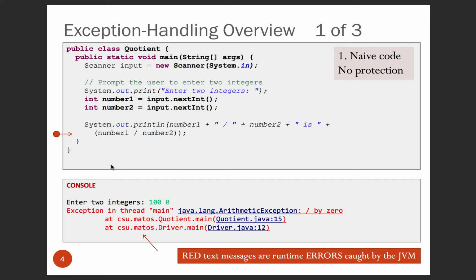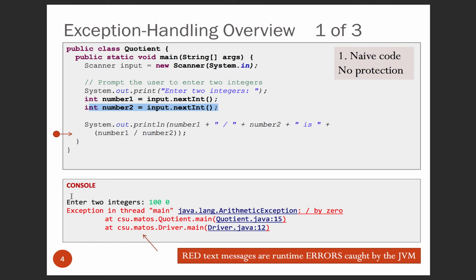Say, for example, you can see that a user is taking some input, using the scanner object. We assign the first input to number1, and we assign the second input to number2. Then we do some arithmetic: number1 is divided by number2. Since we are taking numbers from the user, we have no idea whether the user is giving zero for the number2 variable or not.